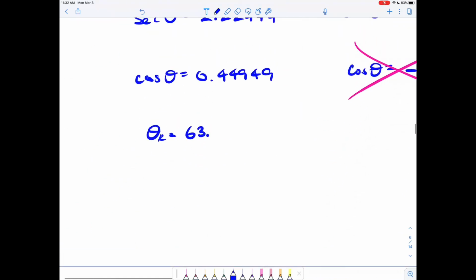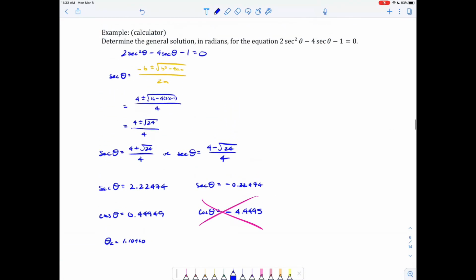Radians? Come on. Radians. That divided by 4, reciprocal. And now inverse cosine of my answer is 1.10460. That's the reference angle.